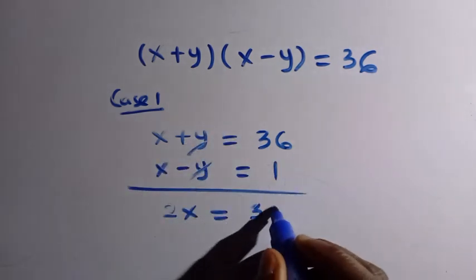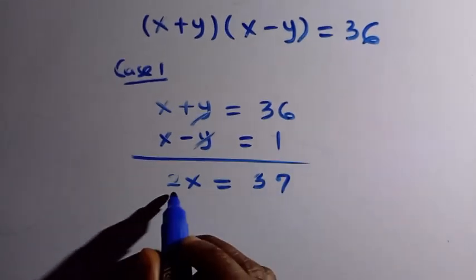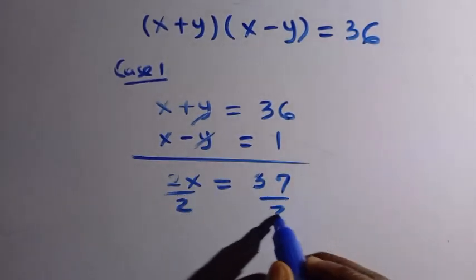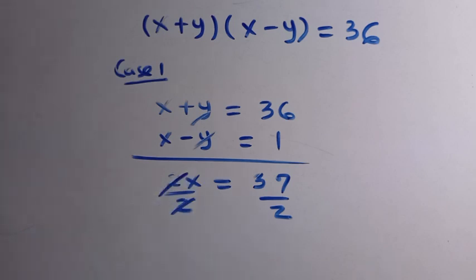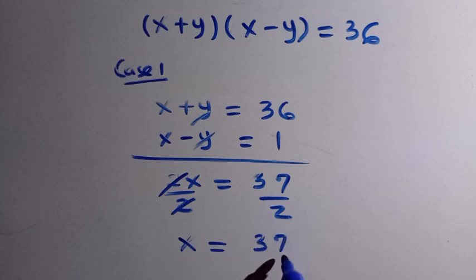We have 36 plus 1, which is 37. Then we divide both sides by 2, so the 2 cancels, and we have x equals 37 divided by 2. So here is the value of x.